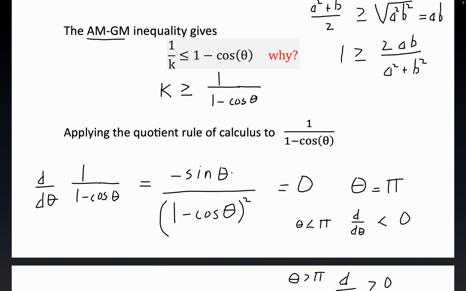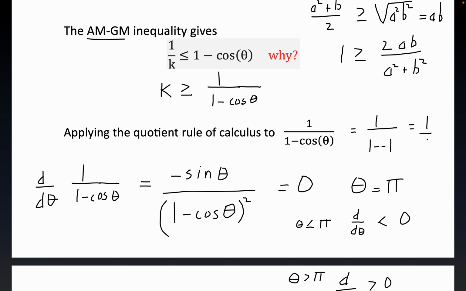Because again, if theta is equal to pi, this is equal to 1 over 1 minus a minus 1. Cosine of pi is -1, so that would be equal to 1/2. See, that would be a minimum.